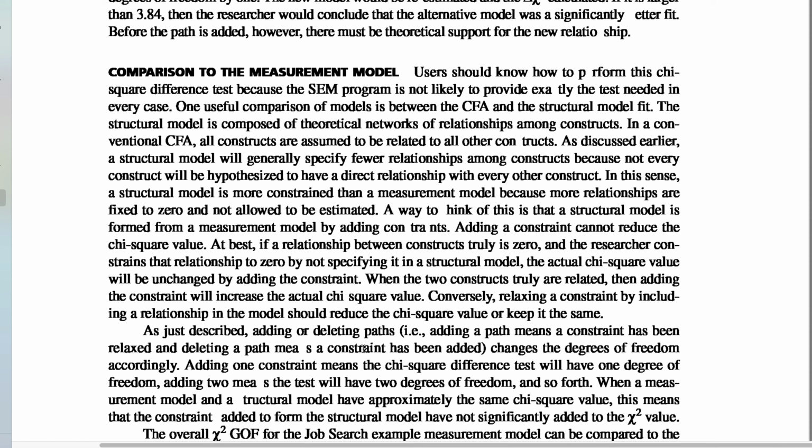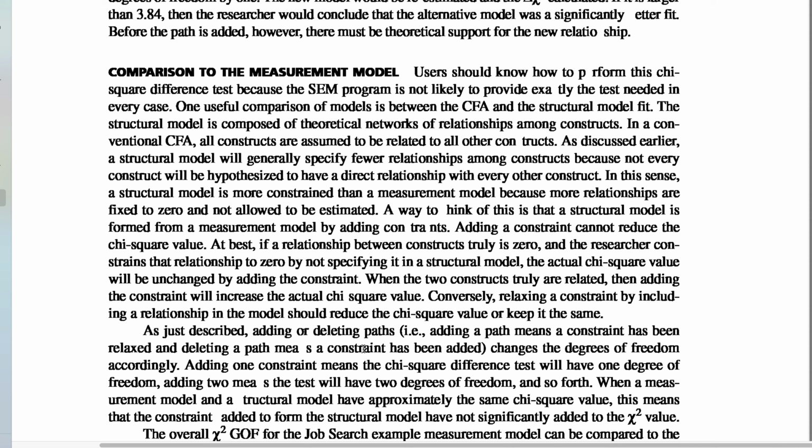The structural model is composed of theoretical networks of relationships among the constructs. In the conventional confirmatory factor analysis, all constructs are assumed to be related to all other constructs. As discussed earlier, a structural model will generally specify fewer relationships among the constructs because not every construct will be hypothesized to have a direct relationship with every other construct.